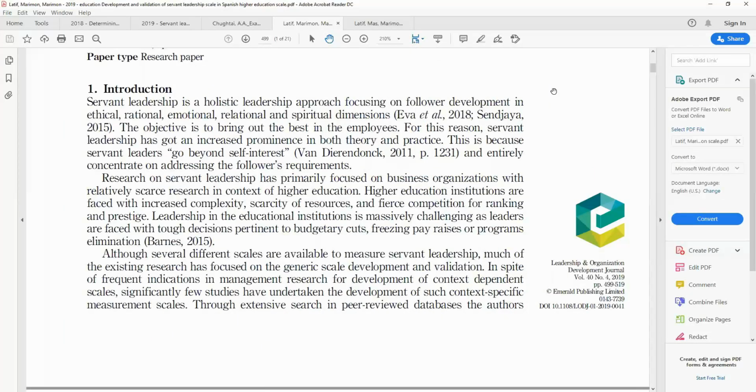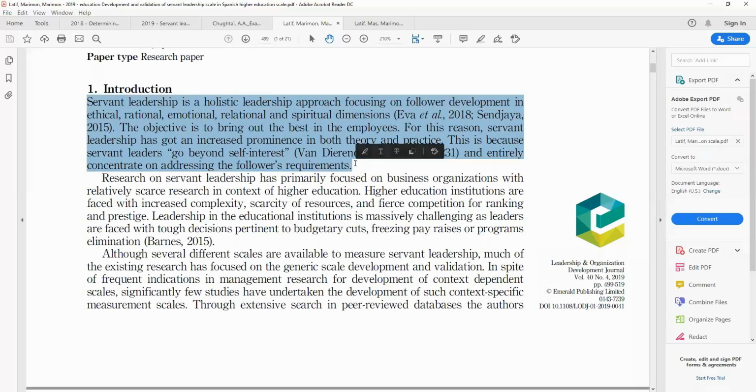Now that we have understood how to record information from a research paper, let's focus on reading a research paper. We have discussed that you start a research paper by identifying the value of a particular area in general in management research.